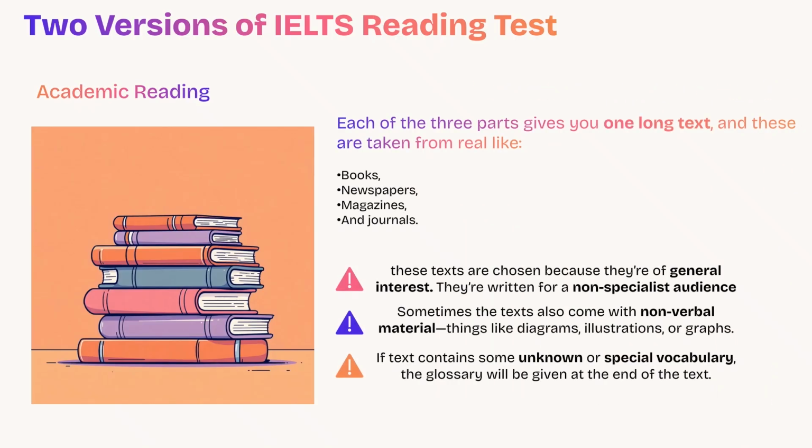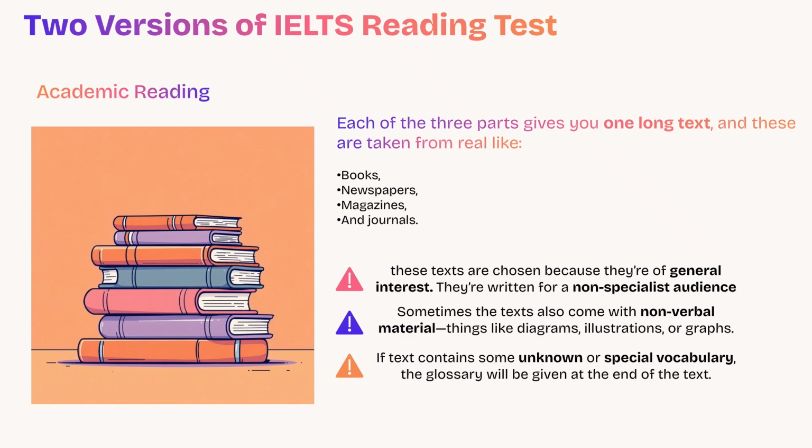Each of the 3 parts gives you 1 long text, and these are taken from real sources like books, newspapers, magazines, and journals. Now, don't panic. These texts are chosen because they are of general interest, not because you are expected to be a rocket scientist or a brain surgeon.